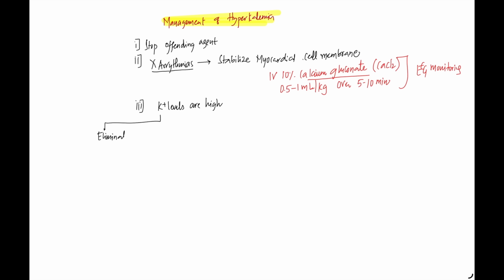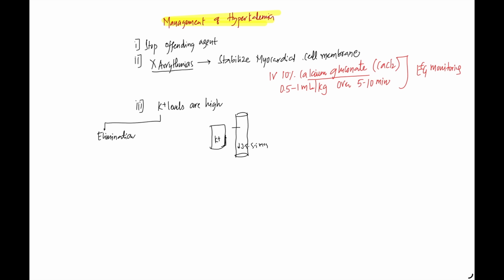elimination, or we can consider the cell and plasma components, where the values differ. The cell has the highest amount of potassium inside. Plasma has the lowest amount, between 3.5 to 5.5 milliequivalents.